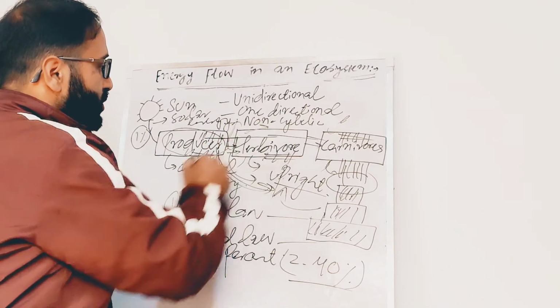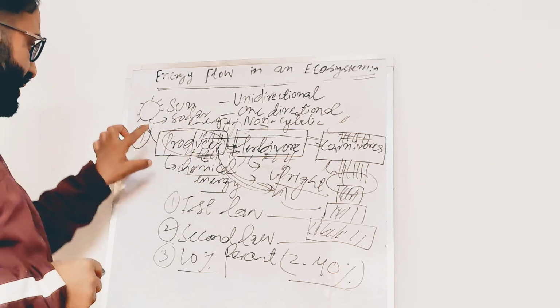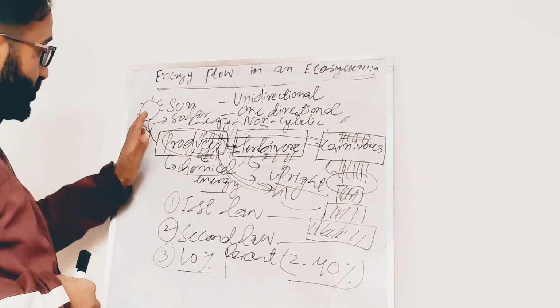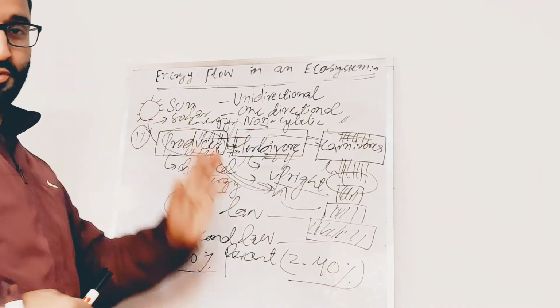So in ocean ecosystems, this type of food chain which starts with producers is called a grazing food chain. Most of the energy is transferred in oceanic ecosystems via the grazing food chain.